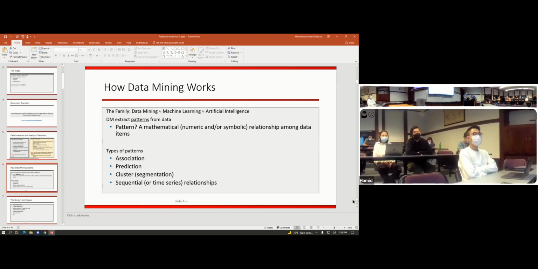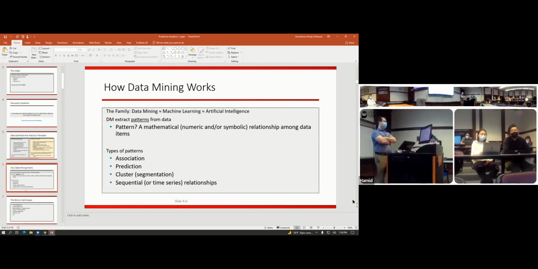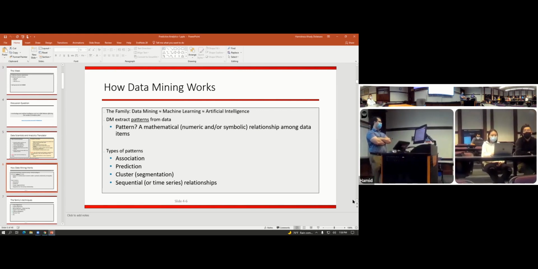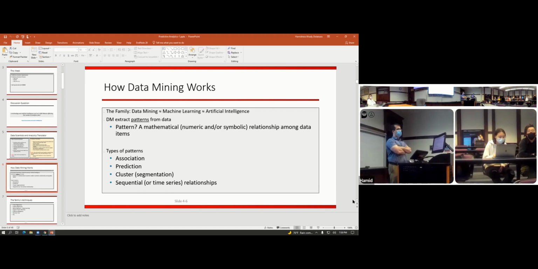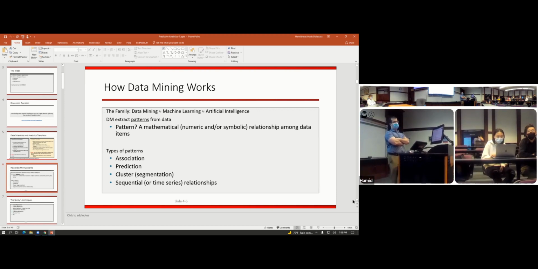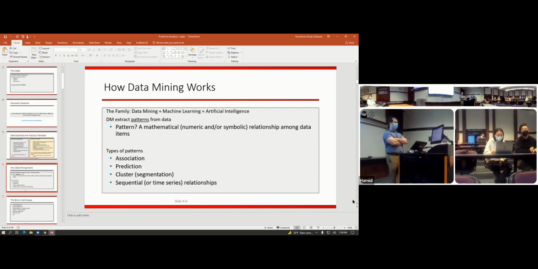Okay, so we have a family of data mining, machine learning, and artificial intelligence. There is some definition for each of them, but the border is so pale that somehow you can consider them kind of equivalent. When people talk about algorithms and data mining, machine learning, or artificial intelligence, there might be some similarities.